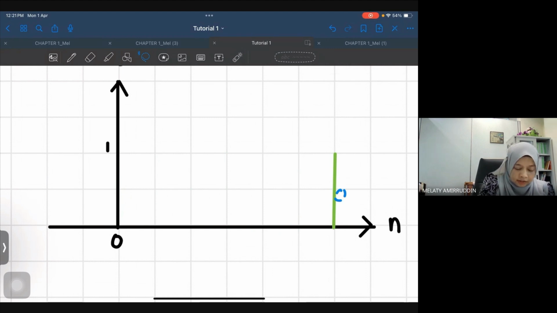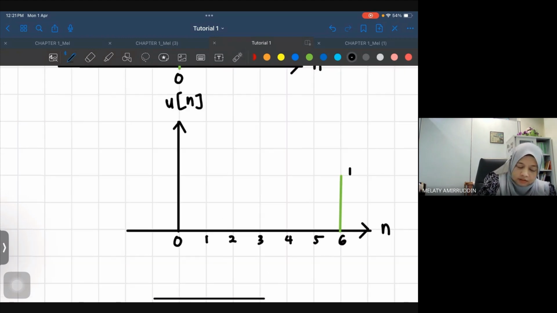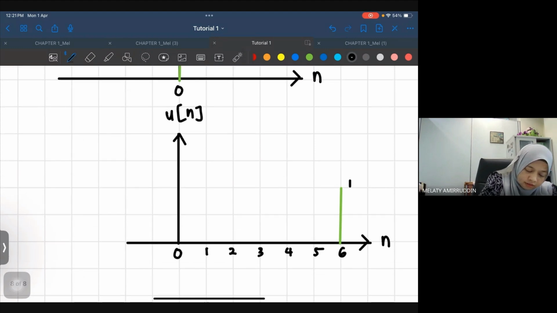So 6 is here. The amplitude is just the same, only the x axis is different. This will be n minus 6.